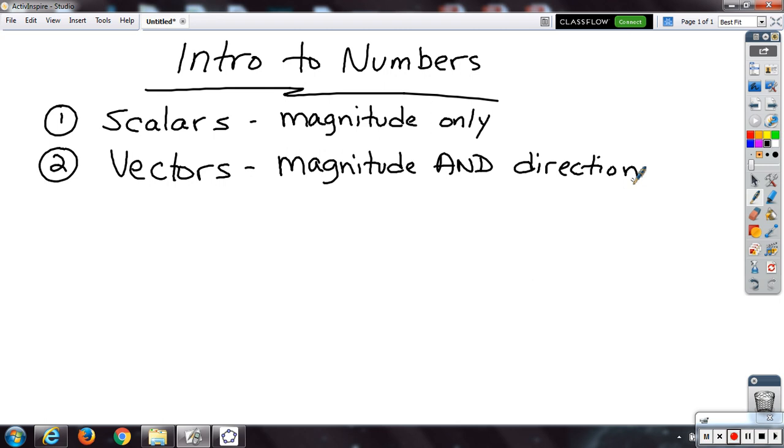For instance, if you're talking about mass, mass would be an example of a scalar quantity.